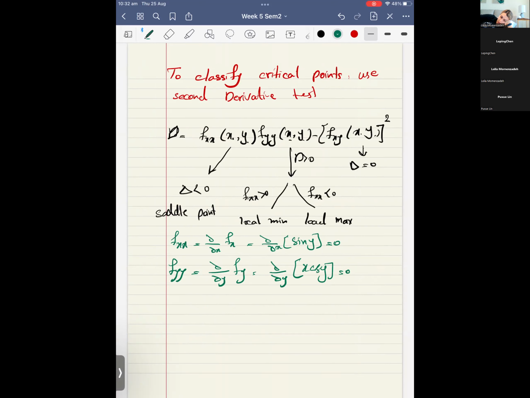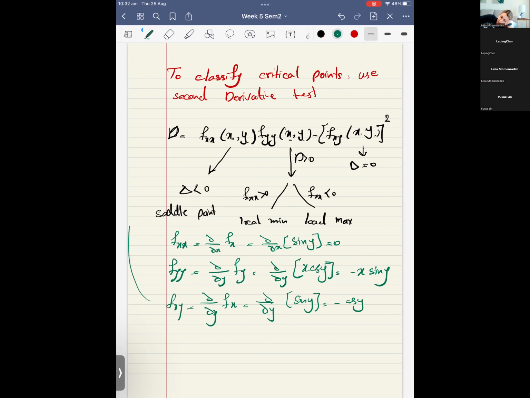And now let's first of all do the derivatives. fxx is the derivative of sine y with respect to x, which is 0. fyy is minus x sine y, and that one is already 0. And fxy would be the derivative with respect to y of fx, the derivative of sine y, which equals cosine y.